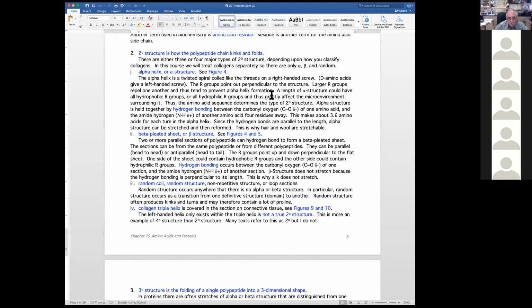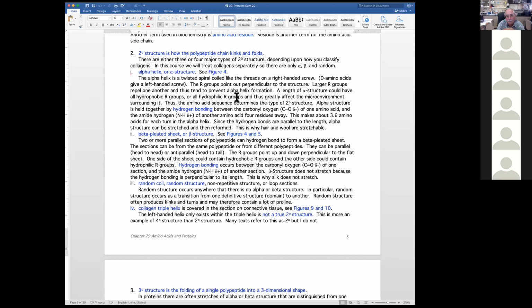And the R groups point out perpendicular to the structure. So larger R groups would repel one another, tend to prevent alpha helix structure. So it's really what's poking out of the alpha helix that determines whether that section is soluble in water or not soluble in water.